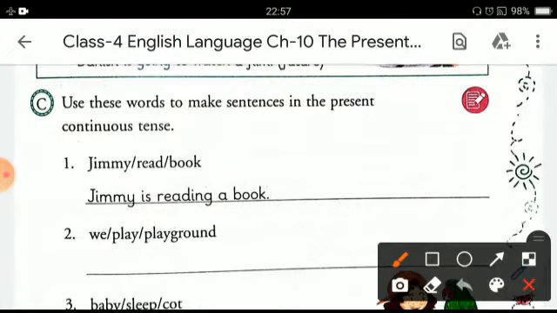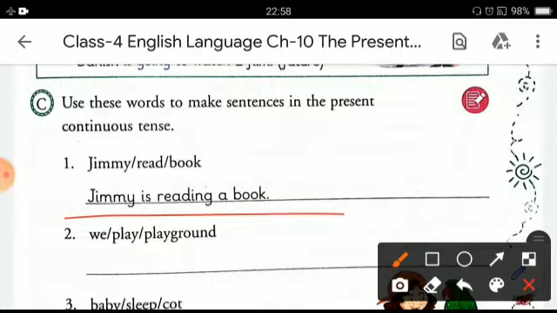Now it's exercise turn. Use these words to make sentences in the present continuous tense. The first one is already done for you. Jimmy read book. Now the sentence forms like this: Jimmy is reading a book. Let's do the second one.